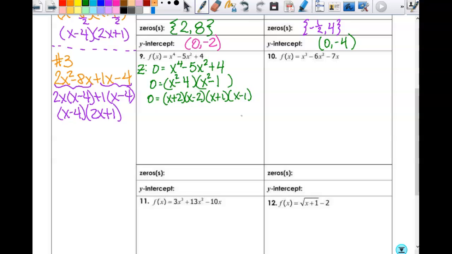Okay. Then I set them all equal to 0. X plus 2 equals 0. X minus 2 equals 0. X plus 1 equals 0. So x equals negative 2. X equals 2. X equals negative 1. X equals 1. So I have 4 zeros. This plus or minus 2.